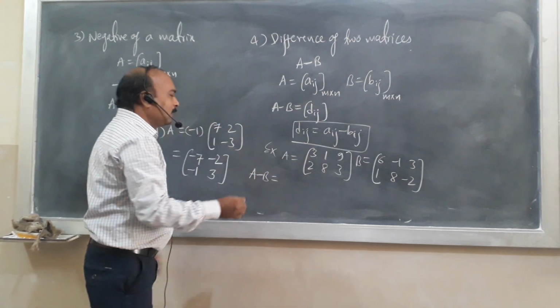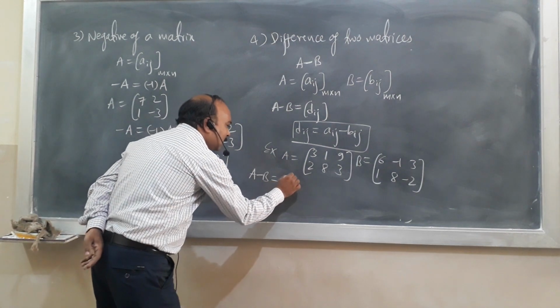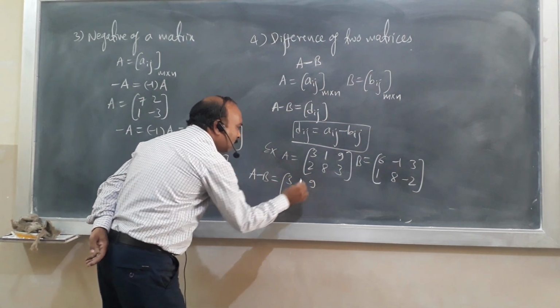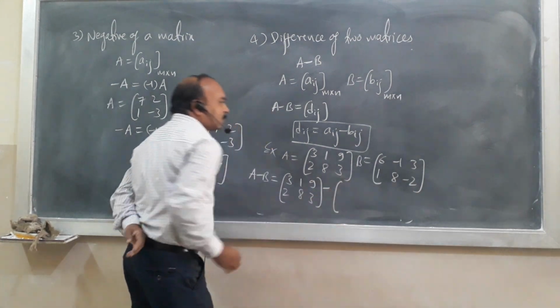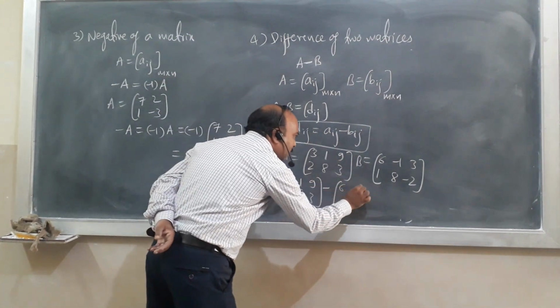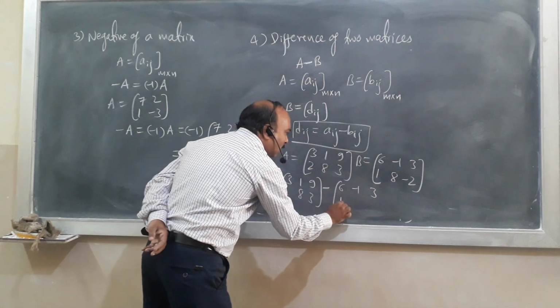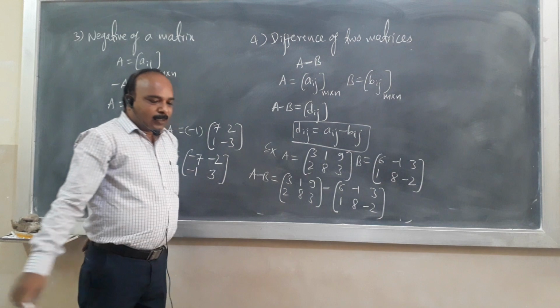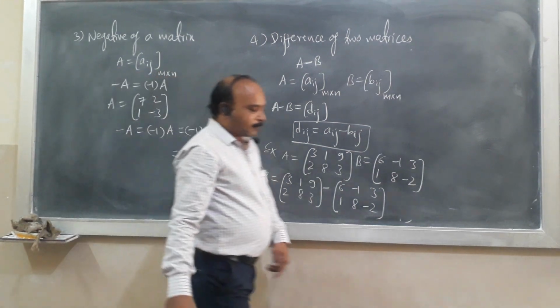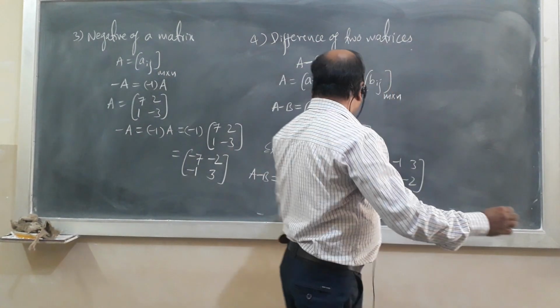A minus B is A as it is, 3 1 9 2 8 3, minus this matrix 6 minus 1 3 1 8 minus 2. Now we simplify.